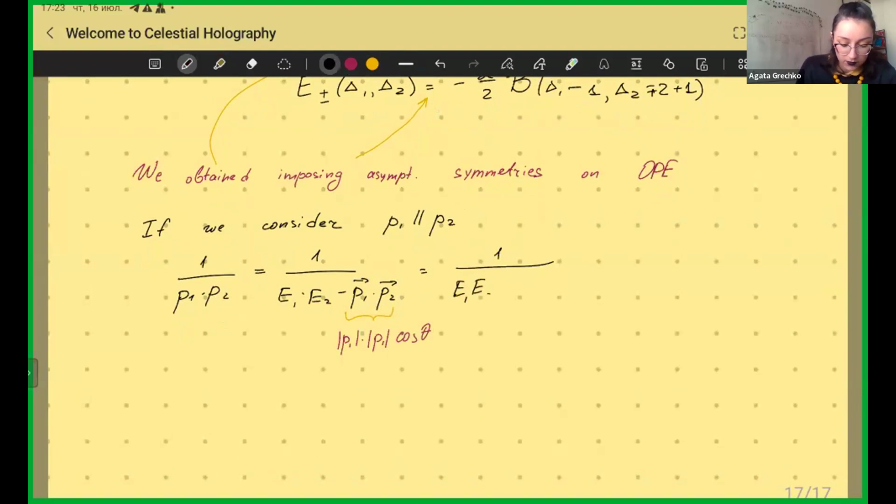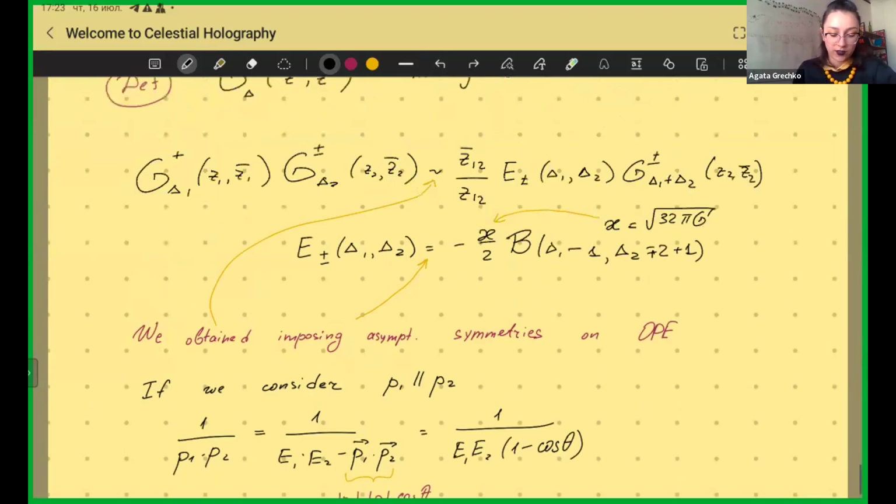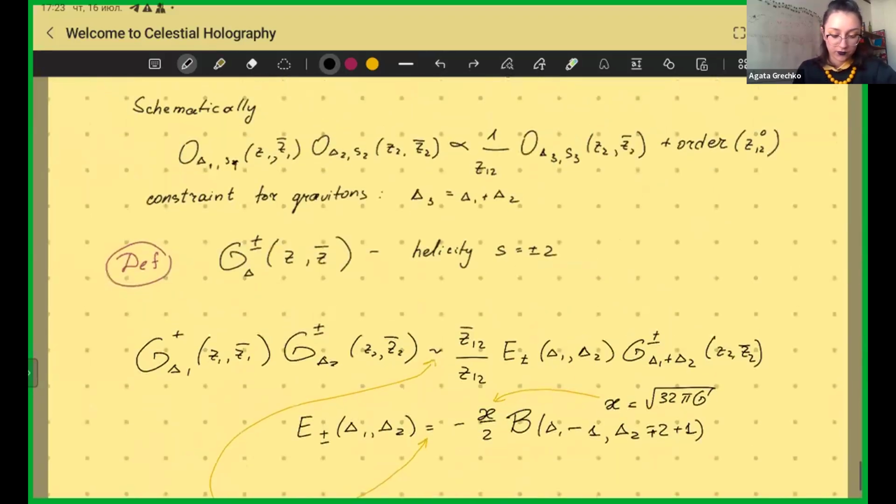So we see that when they move in the same direction, there is a singularity in this propagator, and this singularity, of course, corresponds to the same singularity that we were considering here.